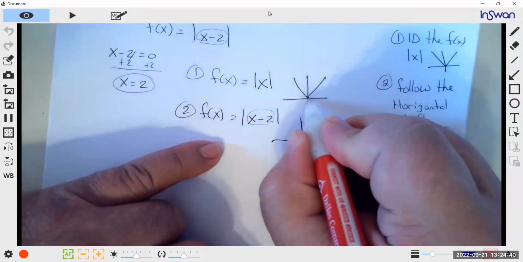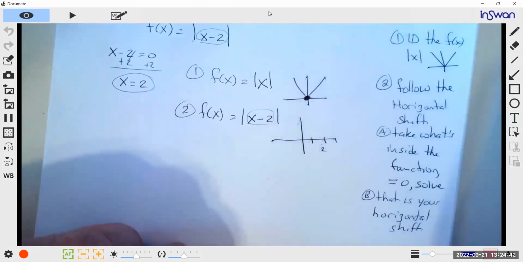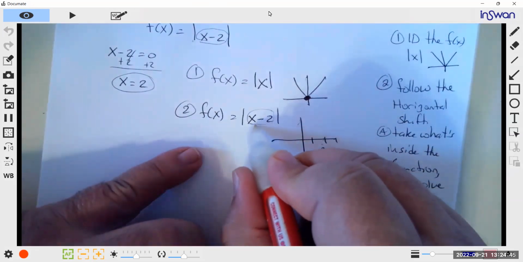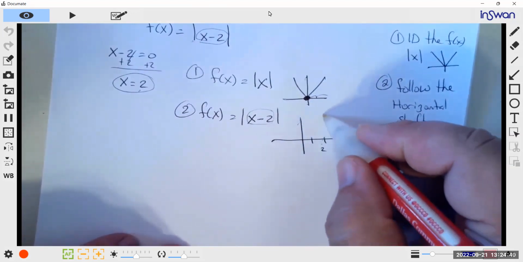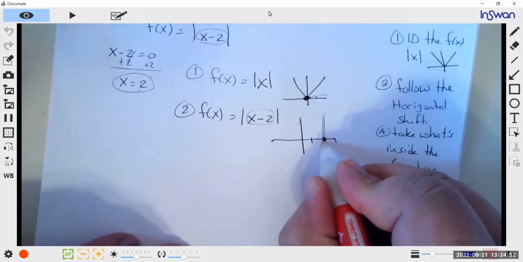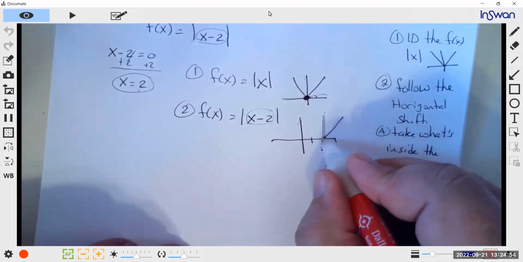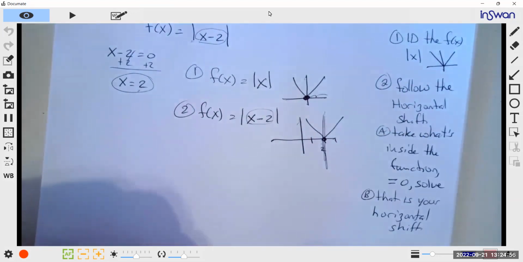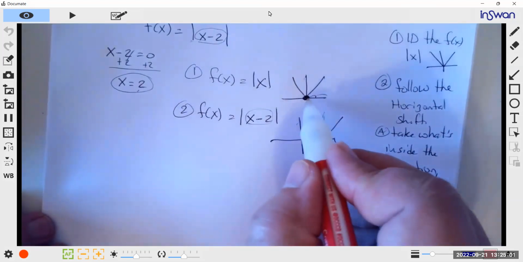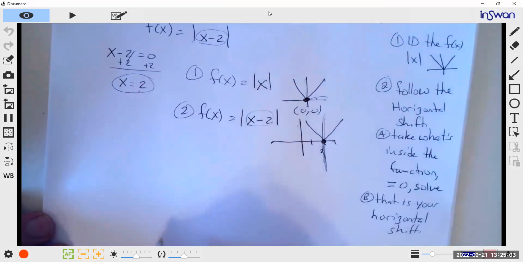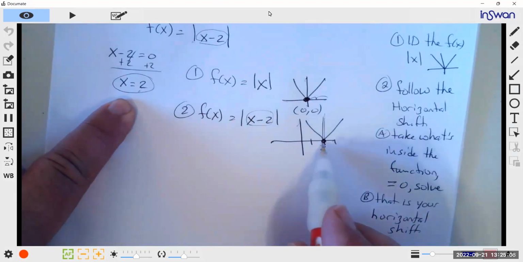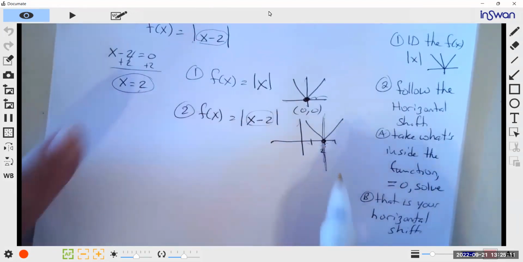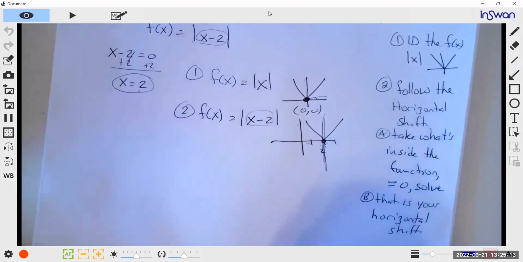What the shift is, it takes the origin where you start off, it moves it. This one says I move it to the right 2 spaces. So my new origin is there, and the graph is still a v. So that's all the transformation is. It's moving the origin from 0, 0 to, in this case, since we're only moving it horizontally, x equals 2, 0 on the y-axis.